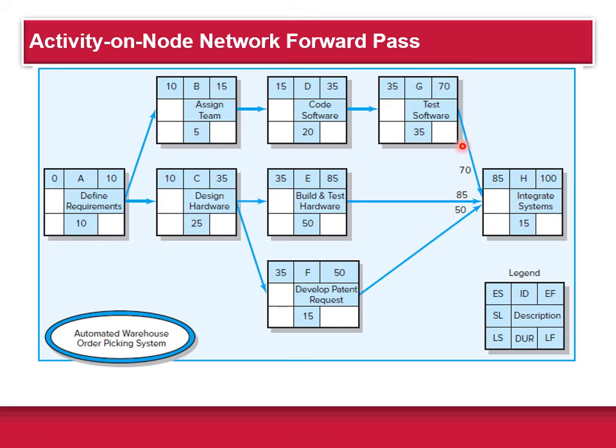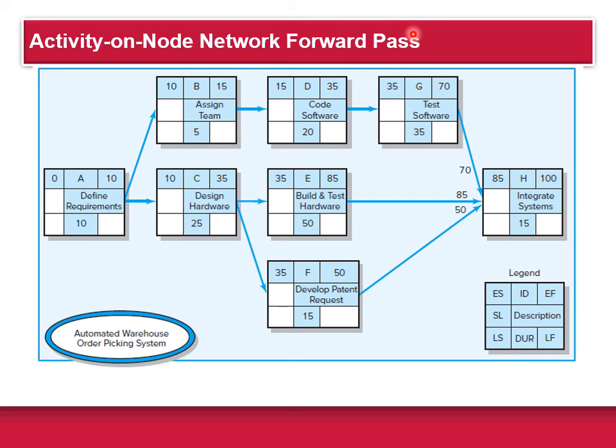But if this activity G is delayed a few days, it's not going to matter because this is going to take 85 days, right? So this path through here could be delayed 15 days, and it's not going to delay the time of H being done, right? Because then they'll both be 85, right?